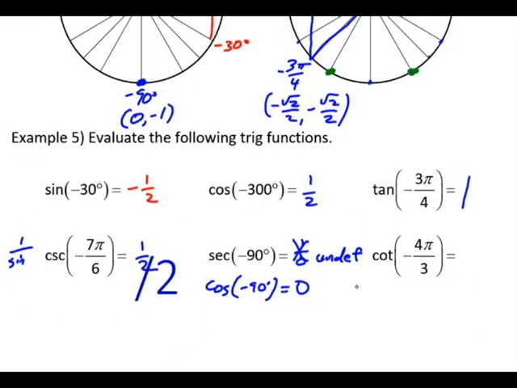The cotangent is going to be x over y, and so that's negative 1/2 over positive root 3 over 2. Once again, we can cancel the 1/2 from top and bottom, and we're left with negative 1 over root 3, which we will then rationalize. And there's our final answer.